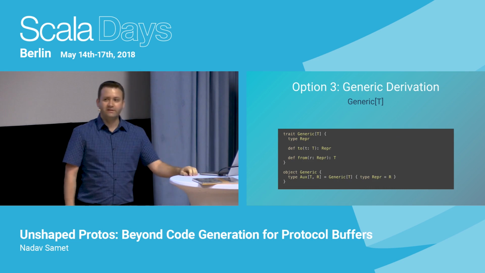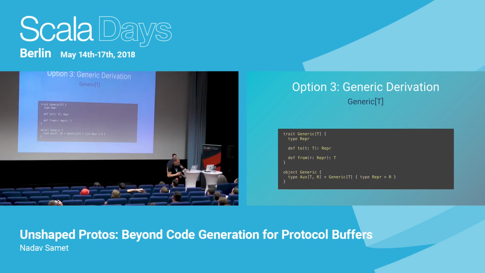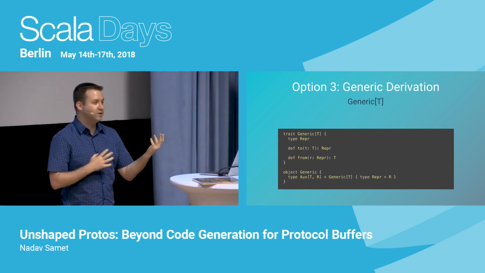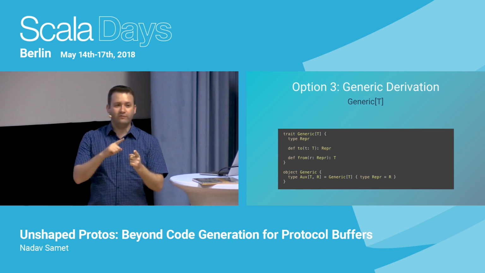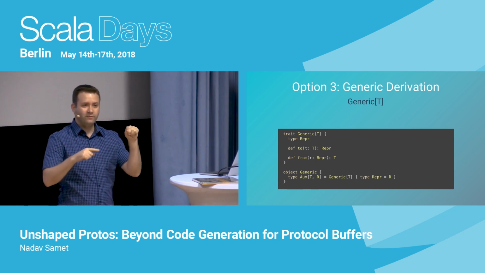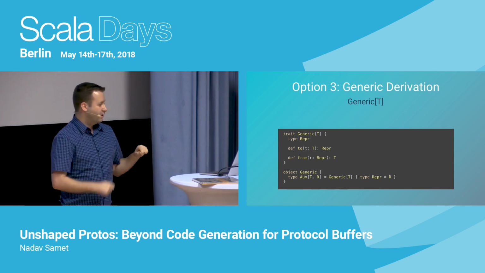So formally, this is the definition of Generic. It takes a type parameter T, which is my person or the message I want to serialize, and it defines a dependent type called Repr, which is the representation type, normally like an HList for a case class, and it has a pair of methods, to and from, that convert back and forth from the type to the generic representation.